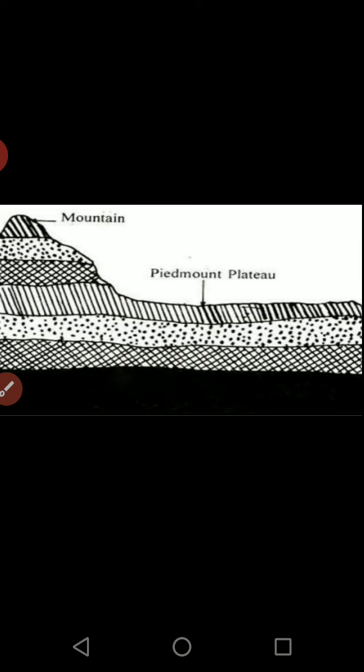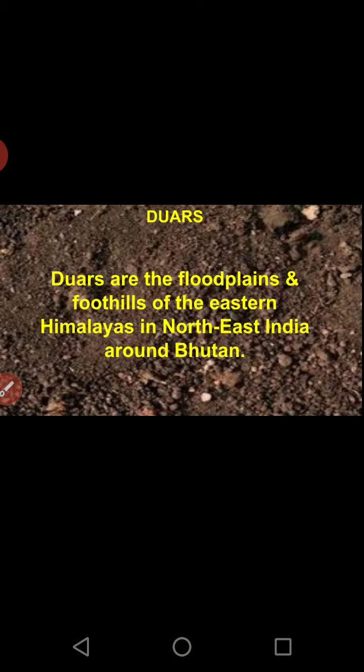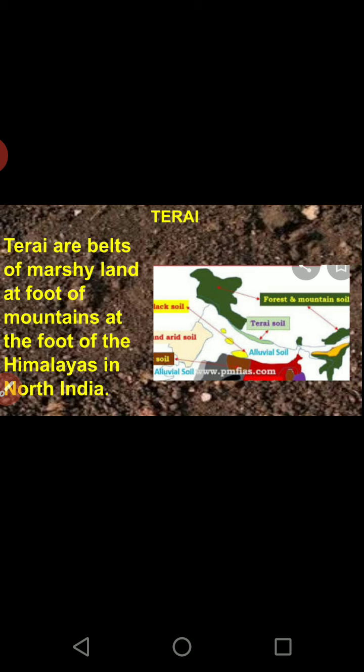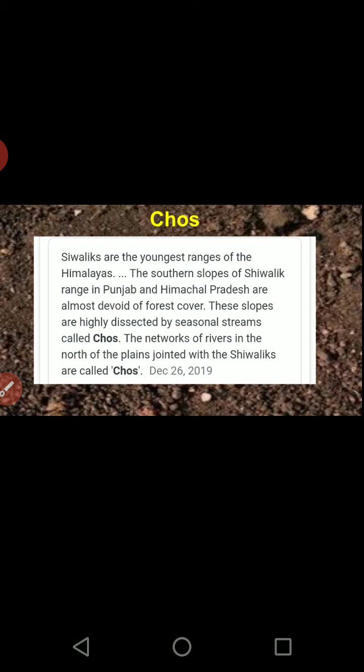Now as I was talking about the variety of types, this is mainly found in the Piedmont plain or Piedmont region. The Piedmont region is the foothills of the mountain, and this is the exact place where the northern plains are located. Here you will find that these soils are known by various names: first Duars, second Terai and third Khos.